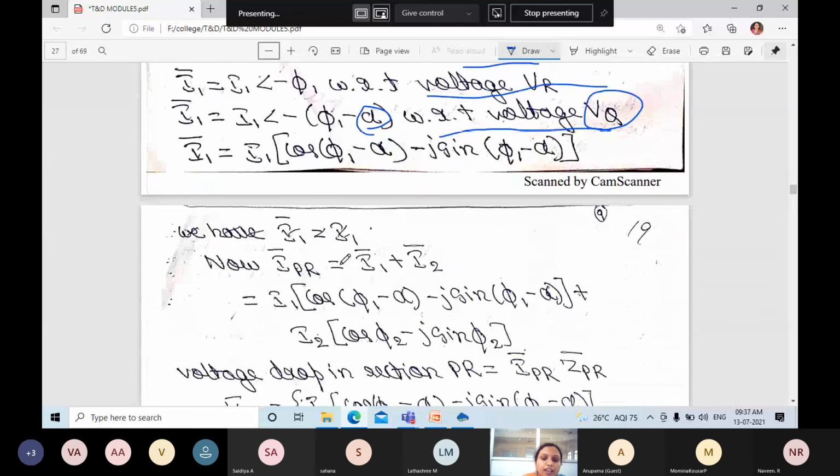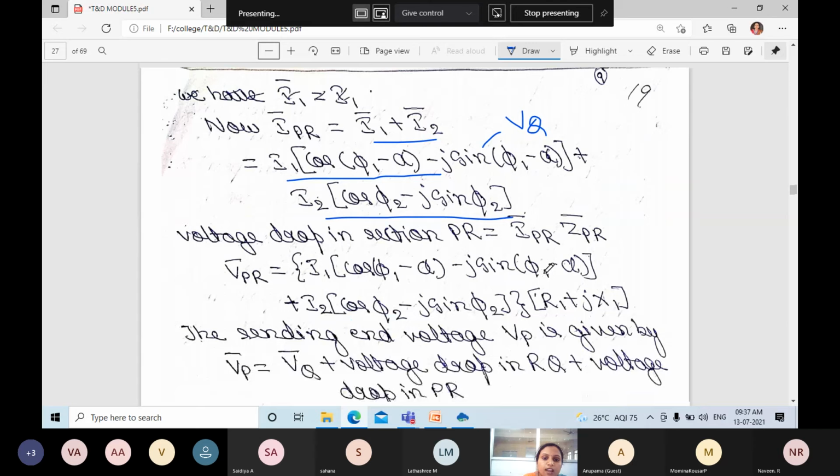So IPR is equal to I1 plus I2, that is I1 (cos(phi 1 minus alpha) minus j sin(phi 1 minus alpha)) plus I2 (cos phi 2 minus j sin phi 2). Voltage drop in section PR is equal to IPR vector into ZPR vector.